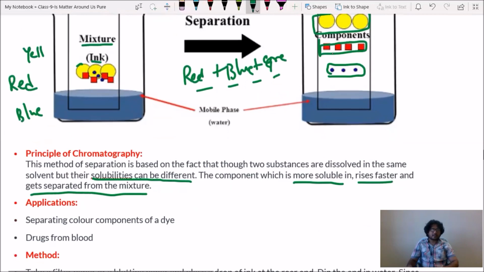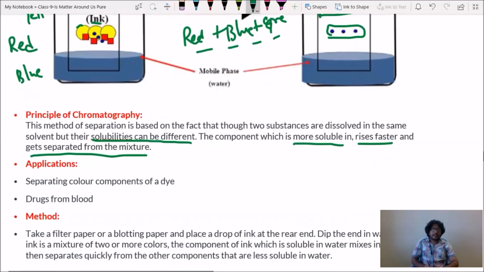And the application, where we can use this one: separating colors, separating color components of a dye. From a dye, if you want to separate two colors, you can use this one. And drugs from blood: they will take one small strip of paper and drop one blood drop. Here that blood drop will be a mixture of drug and blood.